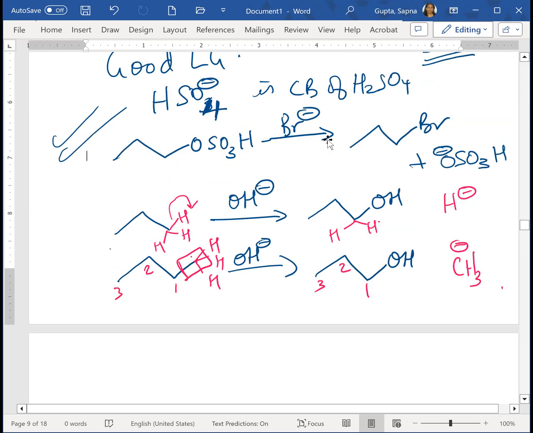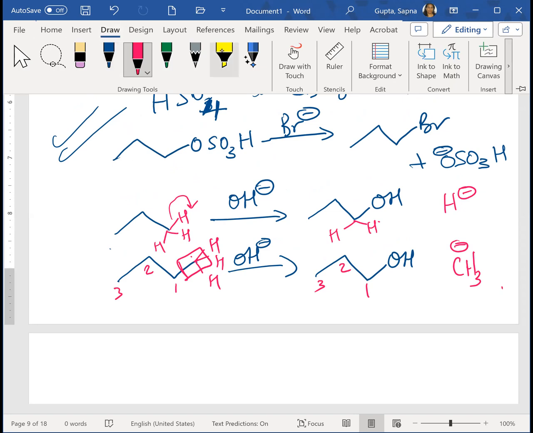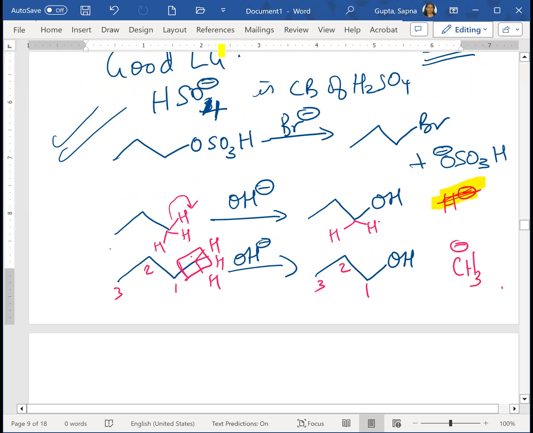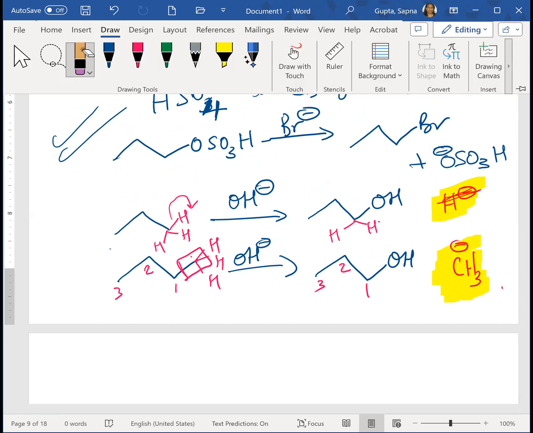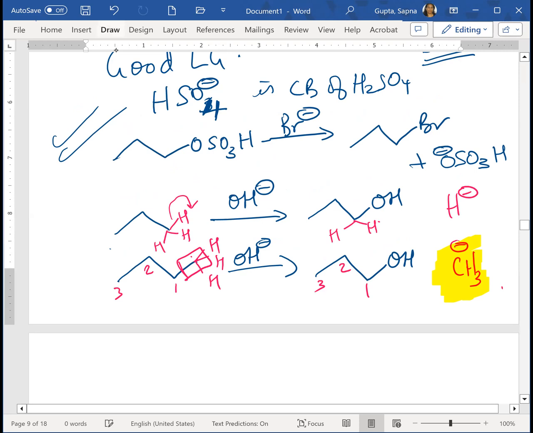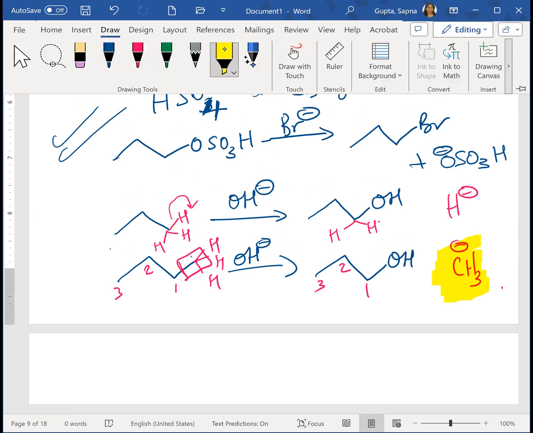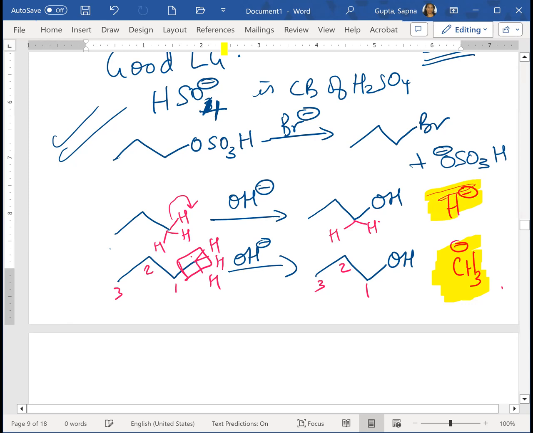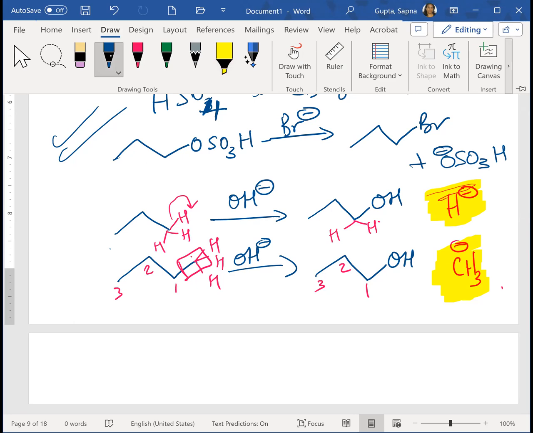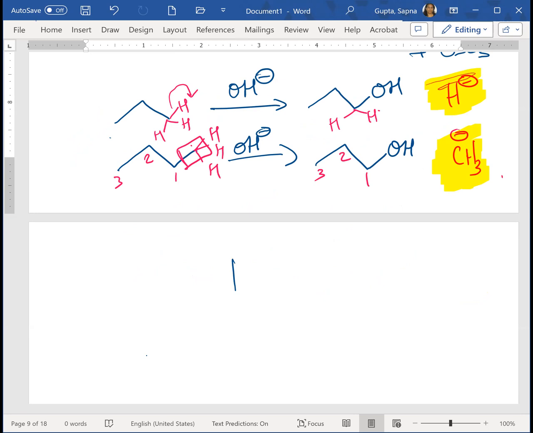So you have to think about whether these 2 leaving groups that we have here are good leaving groups or not. And how do you determine if something is a good leaving group? You look at the base strength, and then you decide from there. If you're not able to decide if it's going to be a good base or not, you convert it into acids.